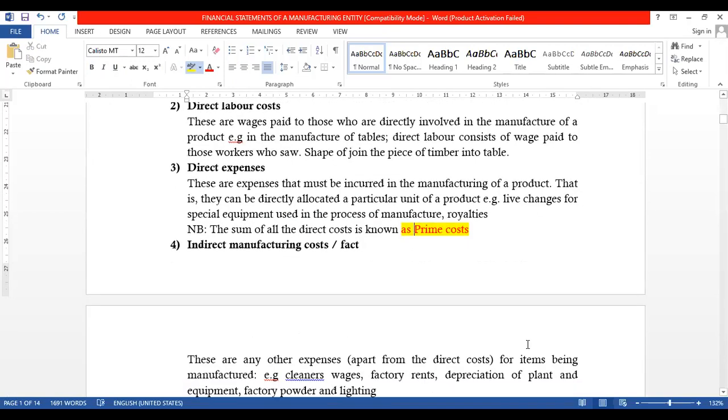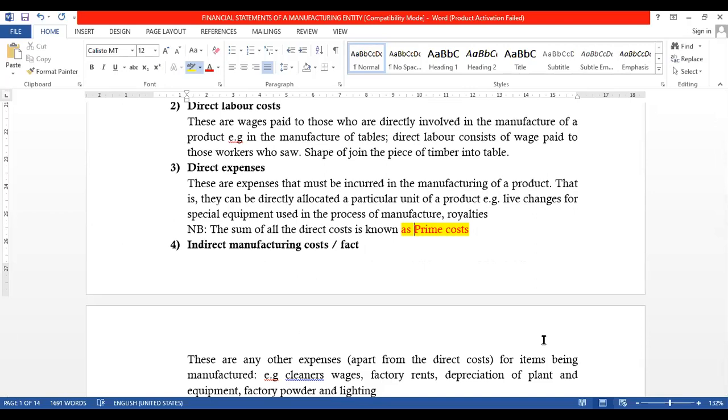It is important to note that. Then, of course, we have also what we call indirect. Those are direct expenses. We also have what we call indirect manufacturing cost. And these are things like cleaners, cost for wages, cost for factory rent, depreciation of plant and equipment, right?